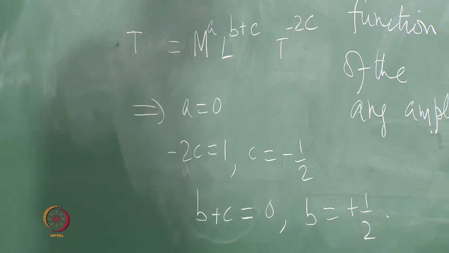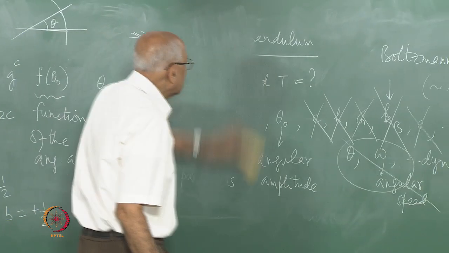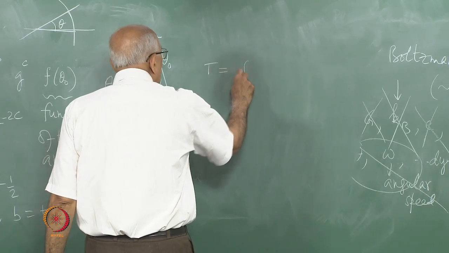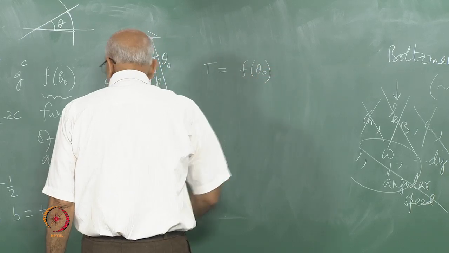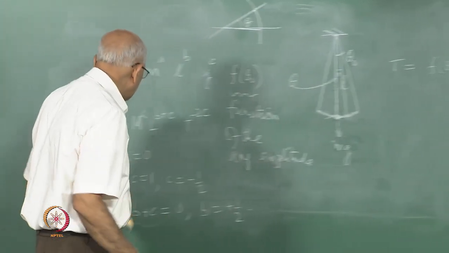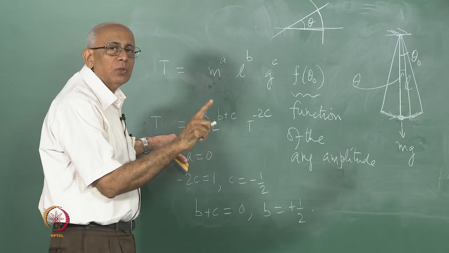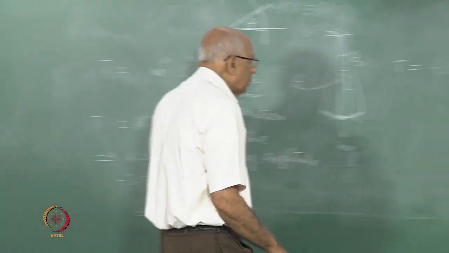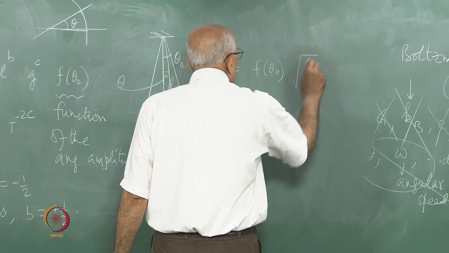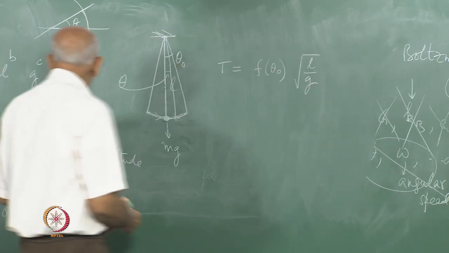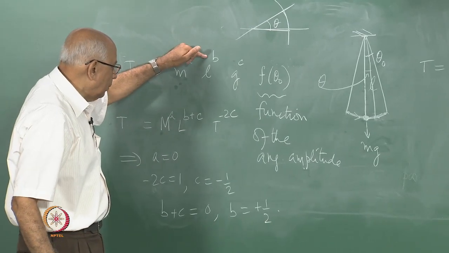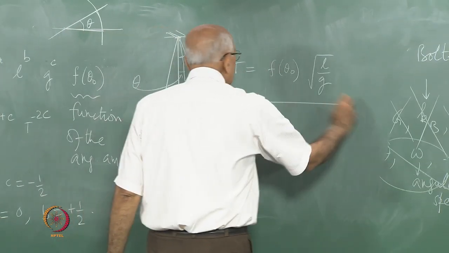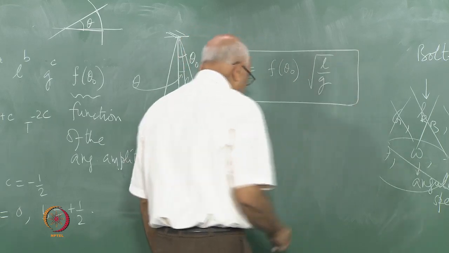So if you solve these 3 equations and write it down, we have our formula for the time period of a simple pendulum, which says that the time period must be equal to some unknown function of the angular amplitude multiplied by m to the power 0, so the mass does not appear at all. L appears of course, and g appears, so the square root of L divided by g, because c was minus a half while b was plus a half, so it is just the square root of L over g. So that is our formula for the time period of a simple pendulum in this case.